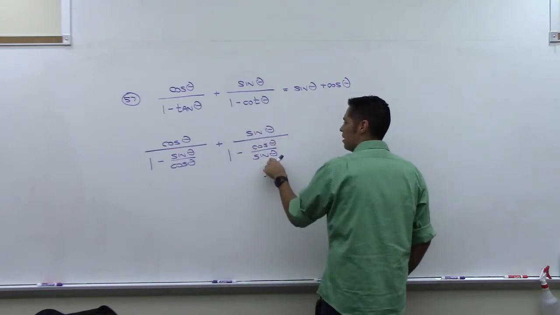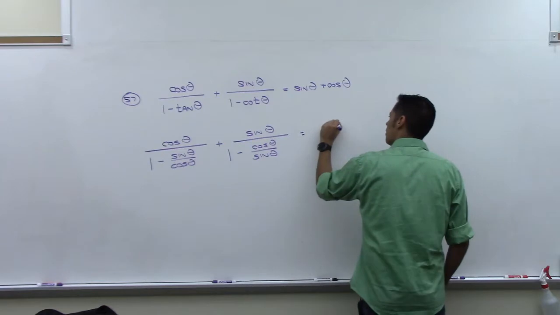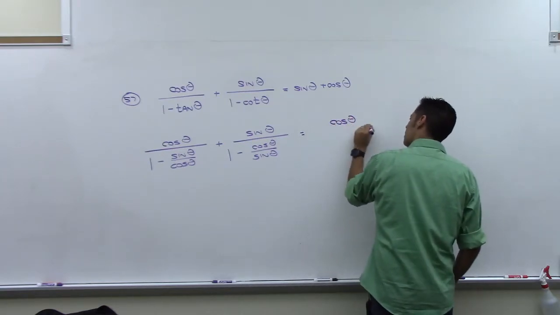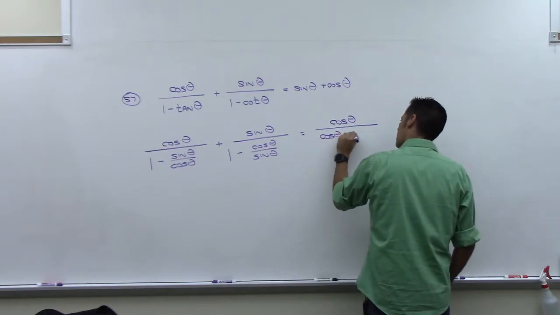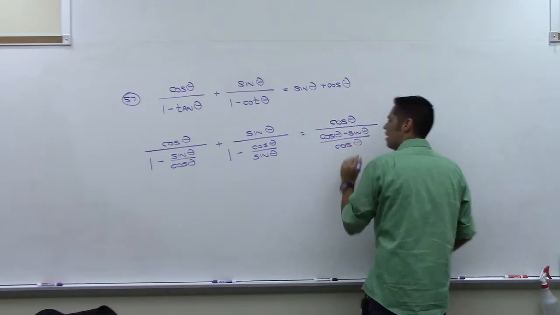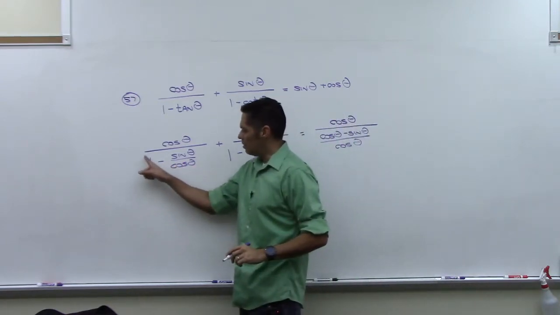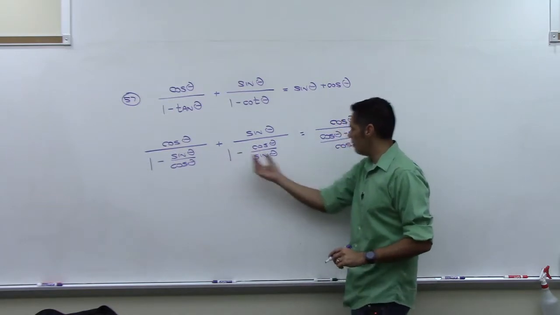So cotangent is this. I'll get common denominators in the bottom. So I have cosine theta on top still. Then this becomes cosine theta minus sine theta over cosine theta. So all I did there was put these two together. I did cosine over cosine here, put them together. Here I'm going to do sine over sine and put them together.